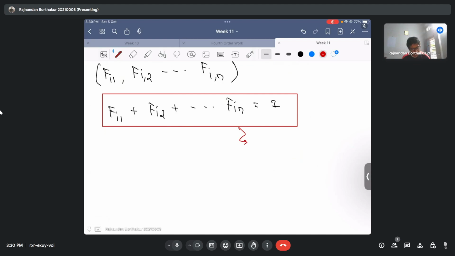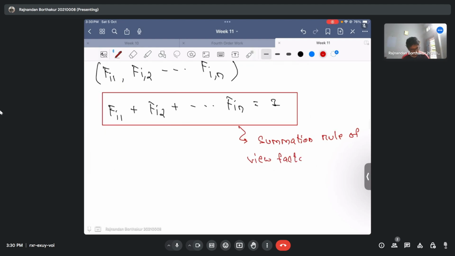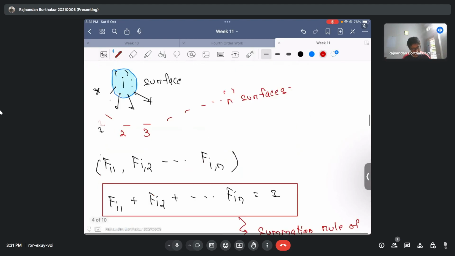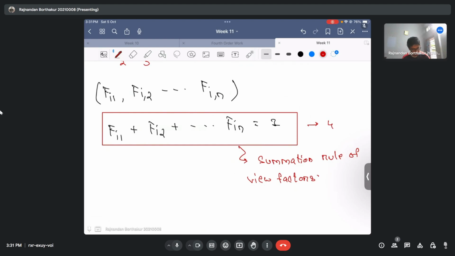This is known as the summation rule of view factors, and I will name this as my fourth equation, or property.